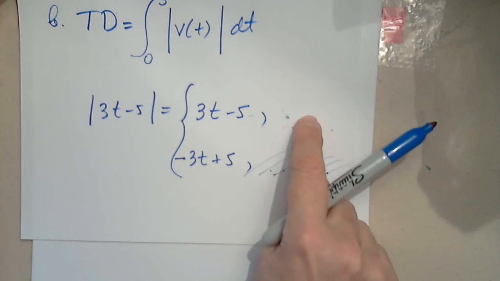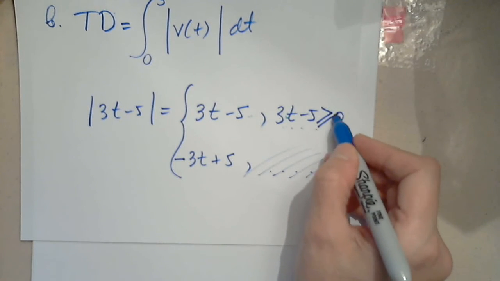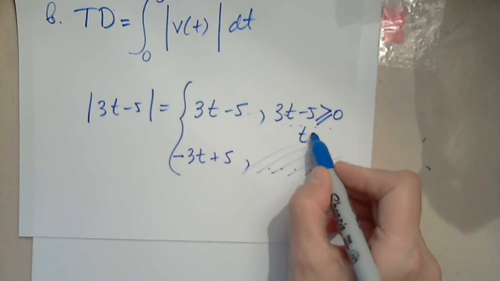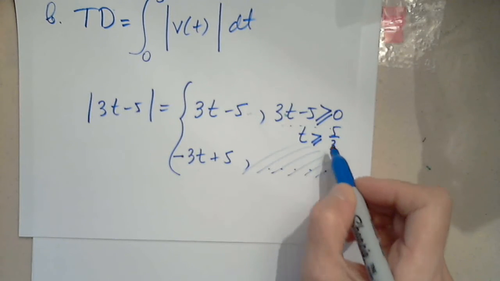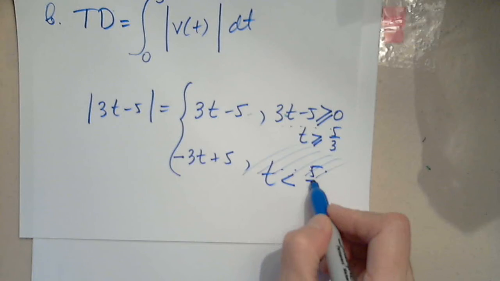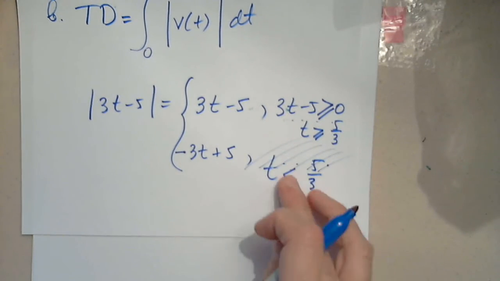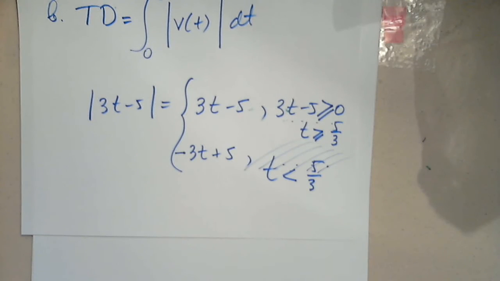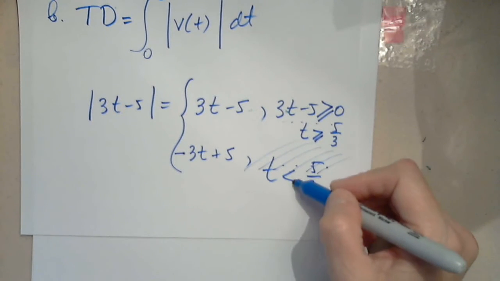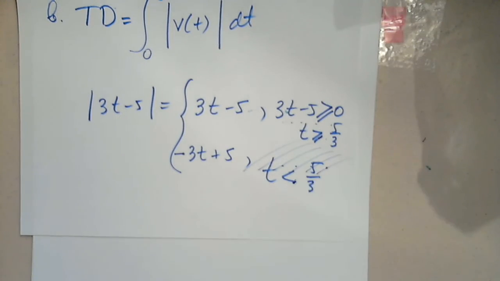I will only solve this one. So this is 3t minus 5 greater than or equal to 0, which means t greater than or equal to 5/3. Here, I only copy the opposite, less than 5/3. If this one is less than 5/3, then this one is greater than. It doesn't matter where you put the equal symbol, but not twice, either here or here.